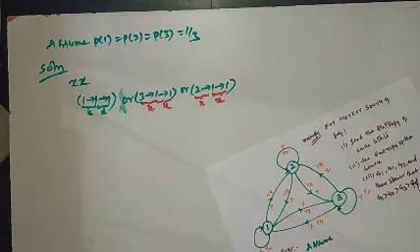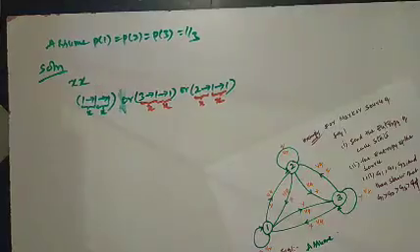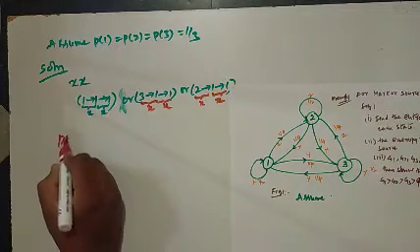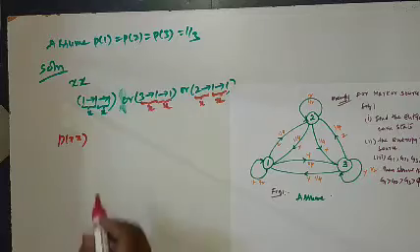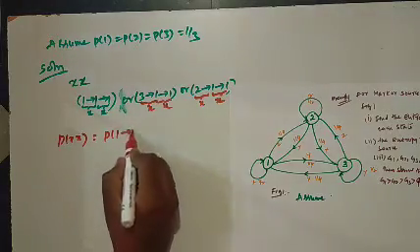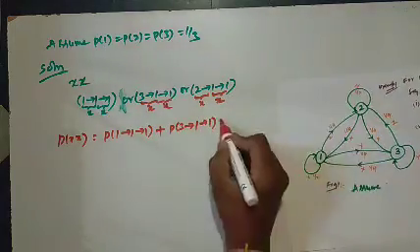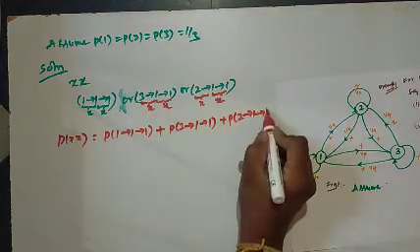So the probability of occurrence of XX, we will write P of XX, is equal to the probability of moving from 1 to 1 and again from 1 to 1, plus the probability of moving from 3 to 1 and again from 1 to 1, plus the probability of moving from 2 to 1 and again from 1 to 1.